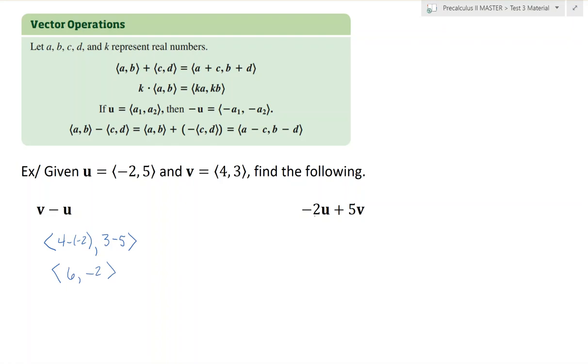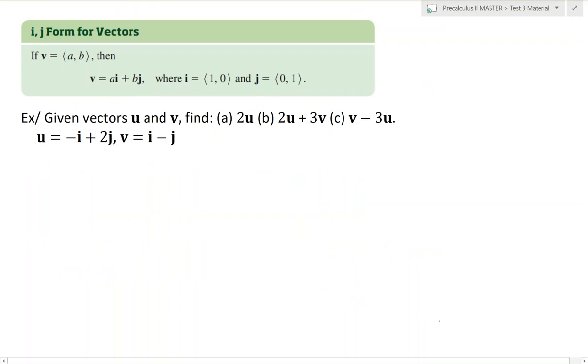And here we have some multiplication and addition going on, so it takes a little bit more work. This is going to be a 4, negative 10 for my negative 2u, and I'm adding on to that 5 times the v vector, so that is 20, 15. Add those together, and I get 24, 5 in angle brackets as my resultant vector.